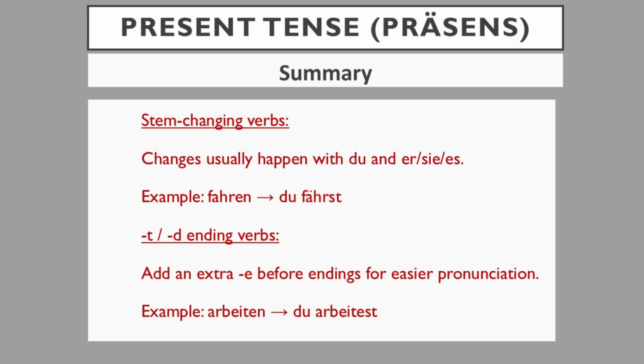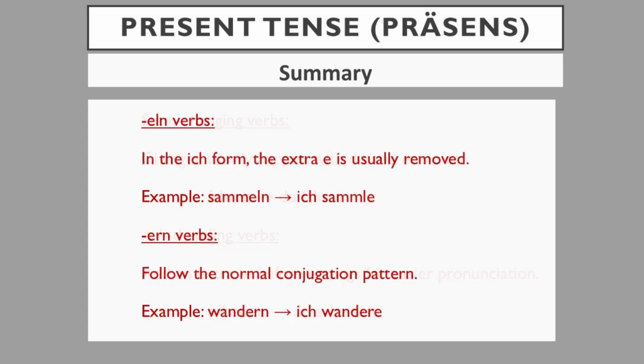T and D ending verbs. Add an extra e before endings for easier pronunciation. Example, arbeiten becomes du arbeitest. ELN verbs. In the ich form, the extra e is usually removed. Example, sammeln becomes ich sammle. ERN verbs follow the normal conjugation pattern.